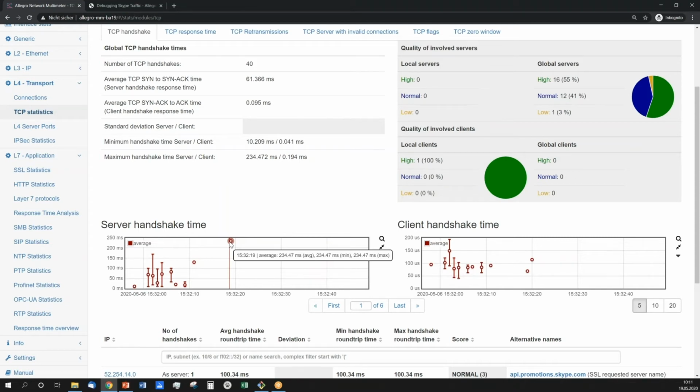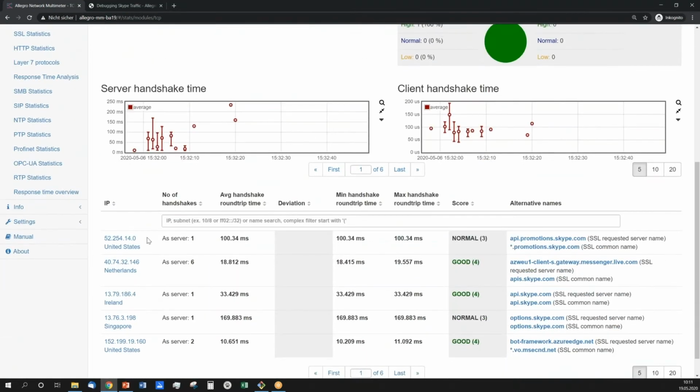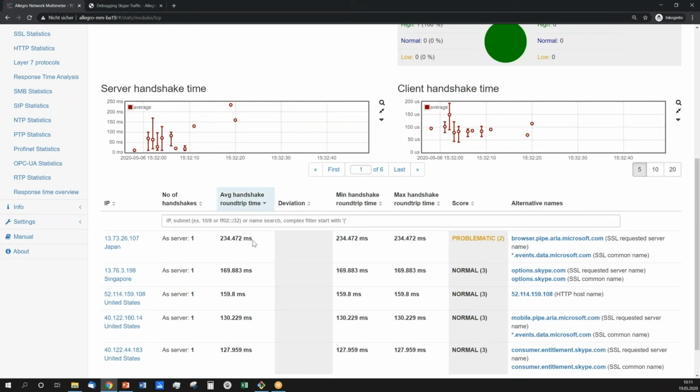Maybe that's a server in the US, for example. And now, of course, you can see, sorted by, let's take the average round-trip time, that there was a server in Japan, for example, where our database tells us it's very likely in Japan. Please note that Microsoft can move these IP addresses around the world as they like.